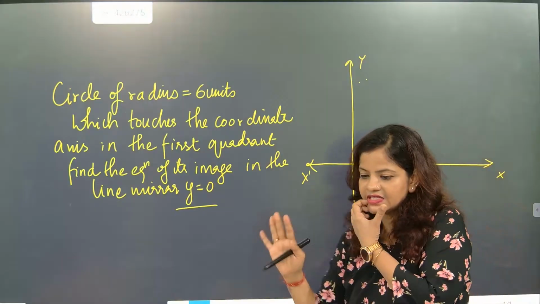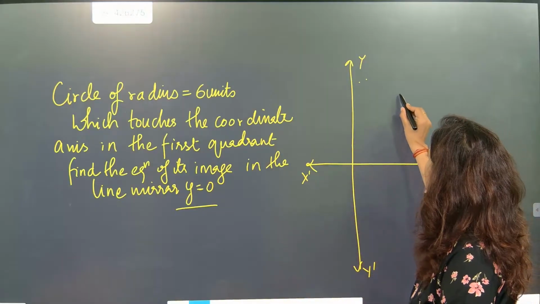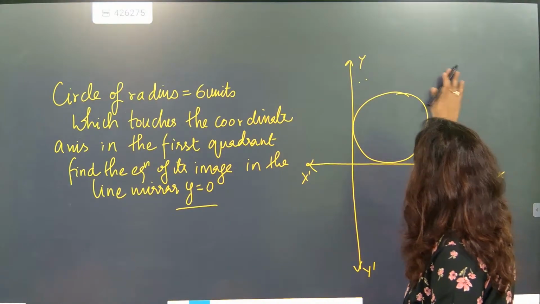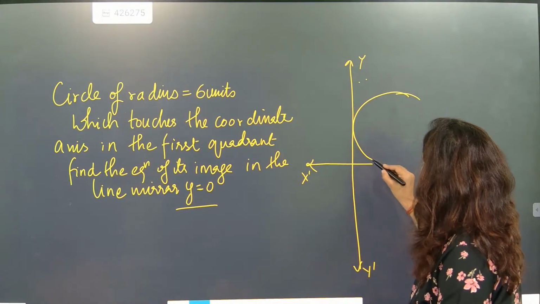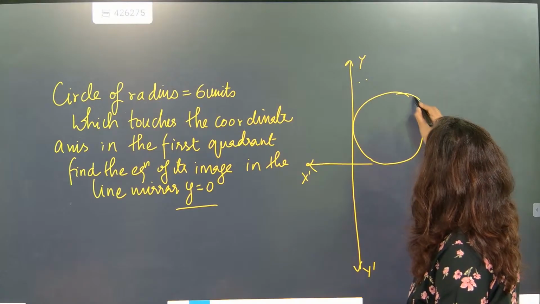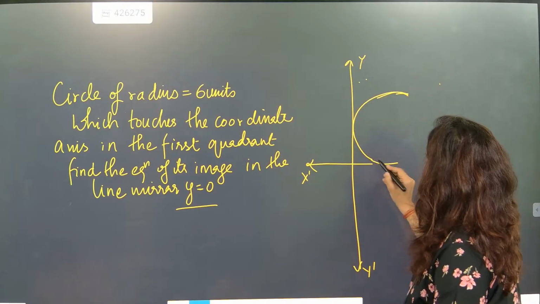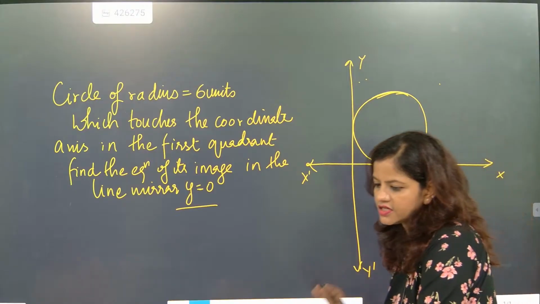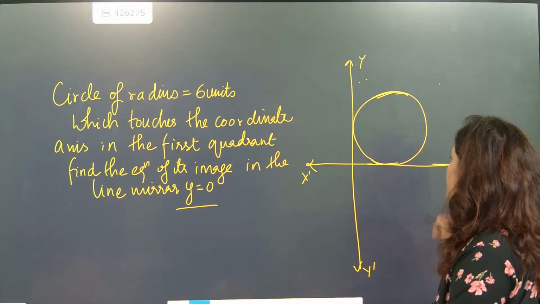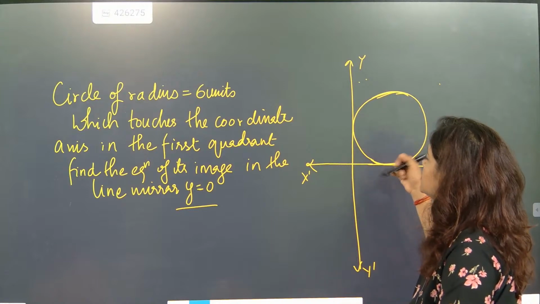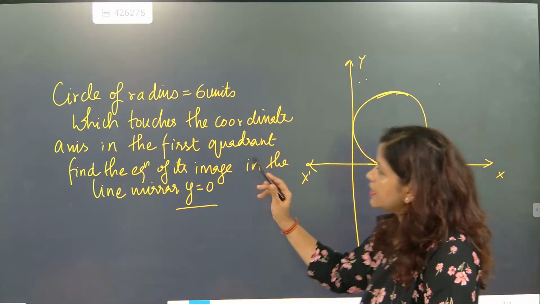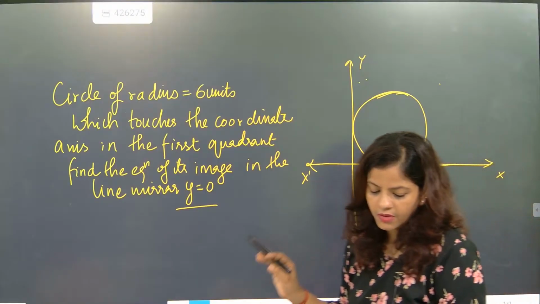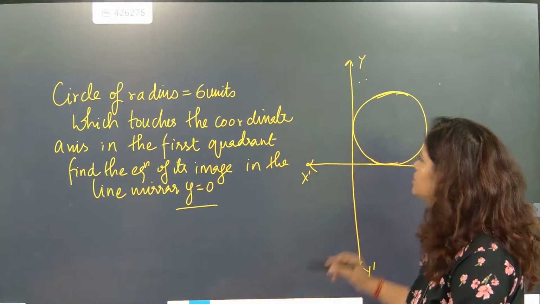Now the circle is touching the x-axis. The equation of the circle is not given at all, but it is telling us it is touching the x-axis.